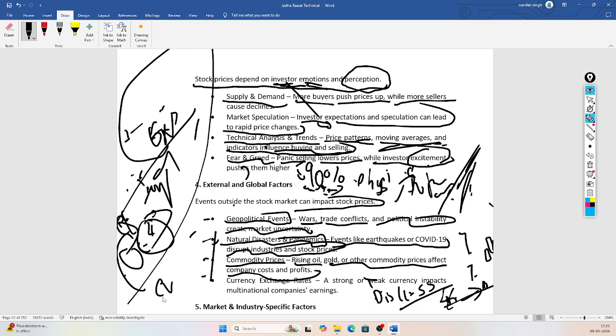There are some commodity prices, and some of them are like gold and silver. Many times it happens in a year. Then currency exchange rate: a strong or weak currency impacts multinational companies' earnings, and so on. So these are the big things that we have to learn.